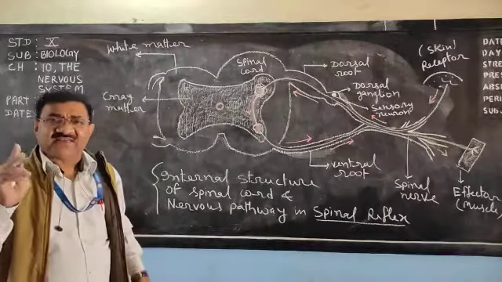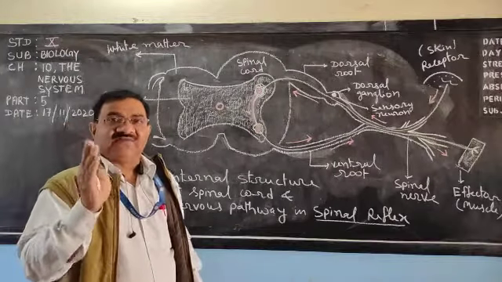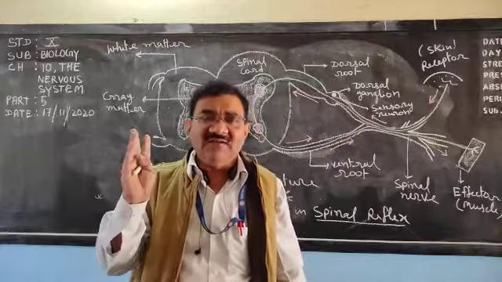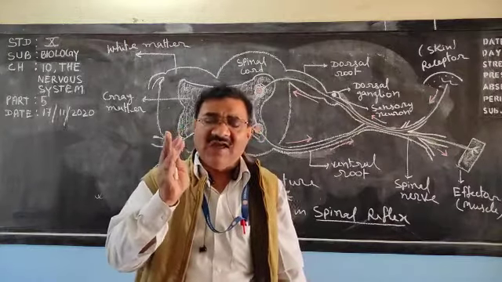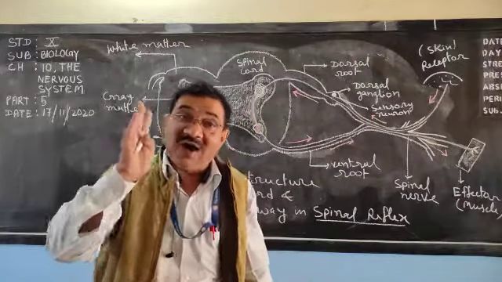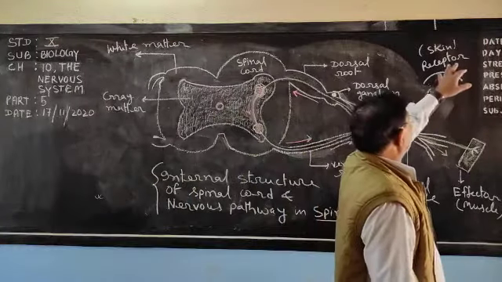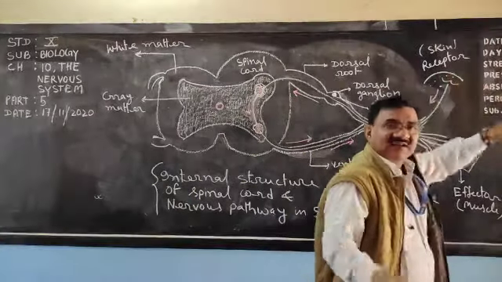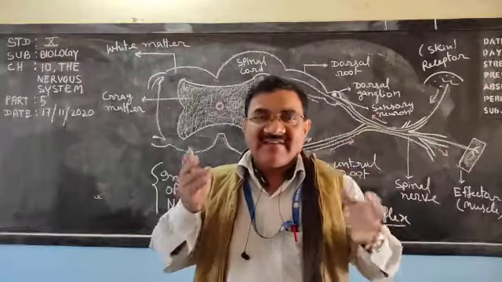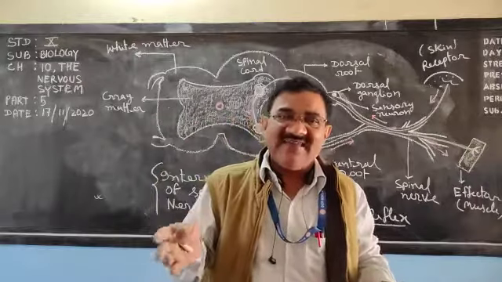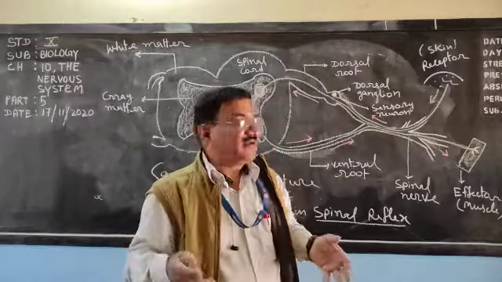We have discussed the two types of neurons. What are the two types of neurons? They are the sensory neuron and the motor neuron. What is a sensory neuron? It brings impulse from the receptor. Receptors are present in our sense organs: eyes, ear, tongue.